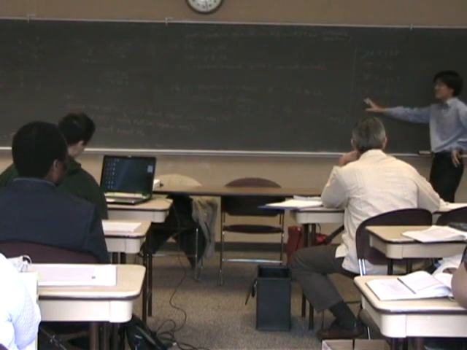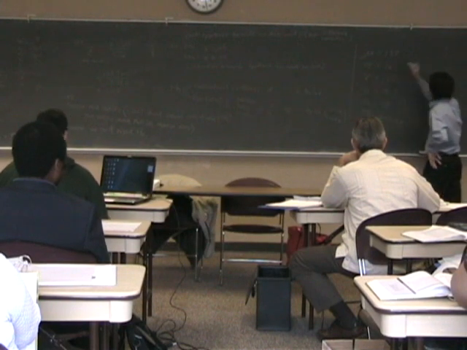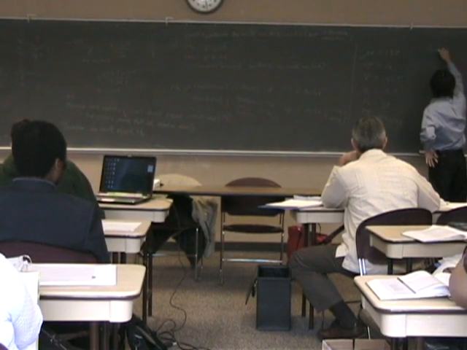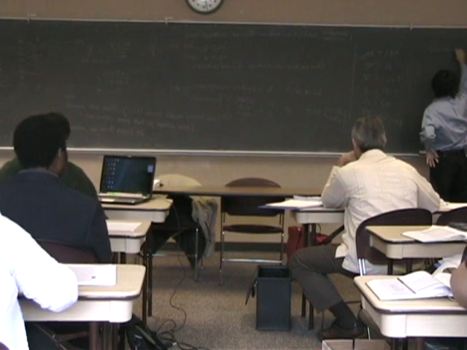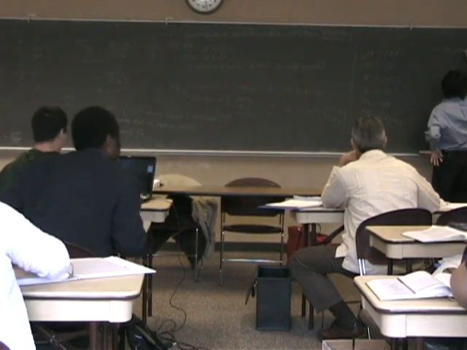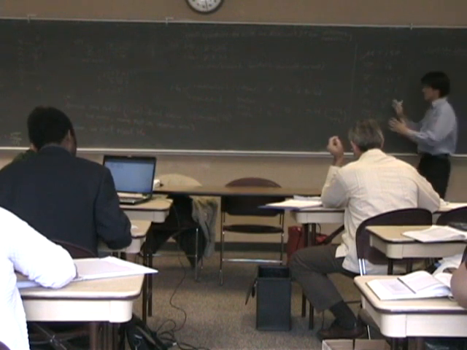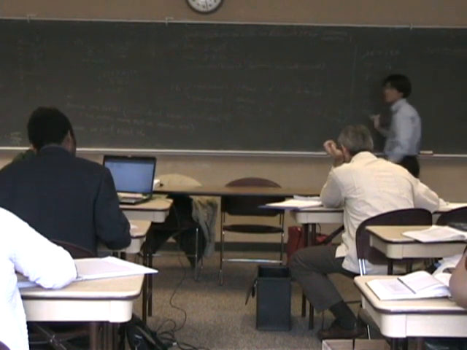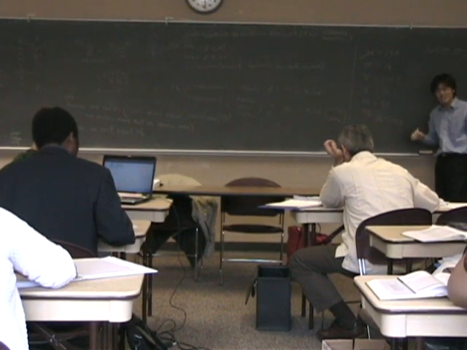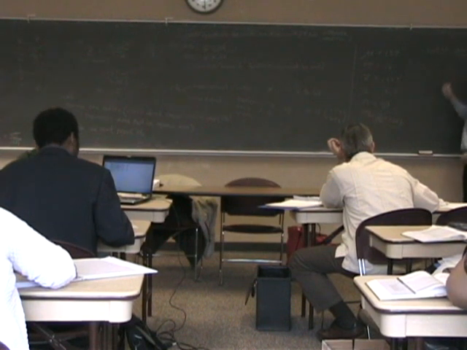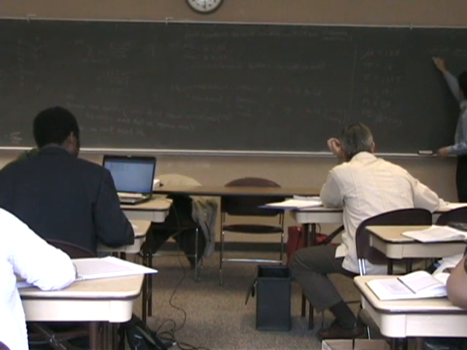Okay, we compute this confidence interval first. What is the confidence interval? Here, in this part, we do the test. We test. But with confidence interval, we do the estimate.